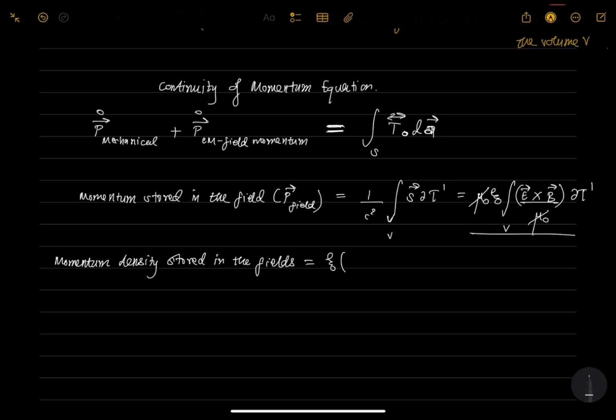That just becomes epsilon naught times E cross B. Or if you want to write this in terms of the Poynting vector, that becomes S over c squared. Or written even better, mu naught epsilon naught times S. So this gives you the momentum density that's stored in the field.